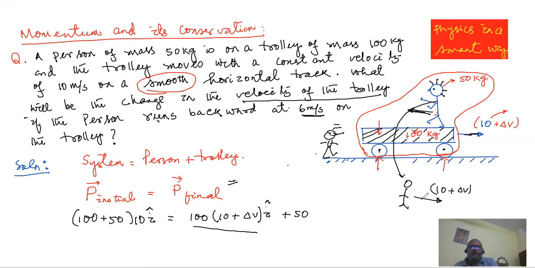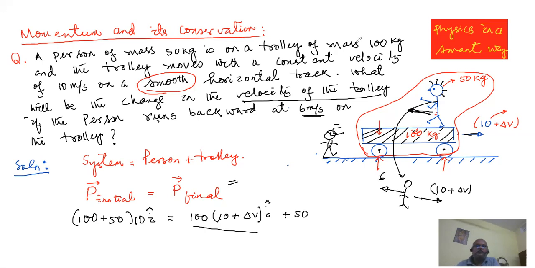When the trolley is moving and you put a bag full of potatoes on it, anybody on the trolley is bound to have the trolley speed. So because the person is on the trolley, he automatically inherits the trolley speed, that is 10 plus delta V towards the right. And with respect to the trolley, he has a speed of 6 towards the left.